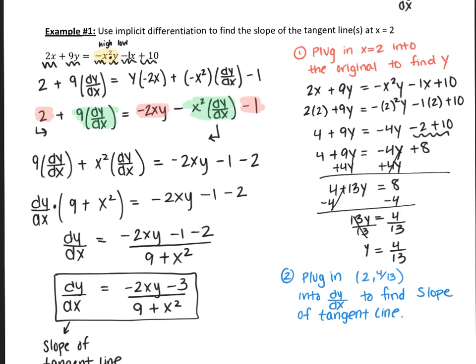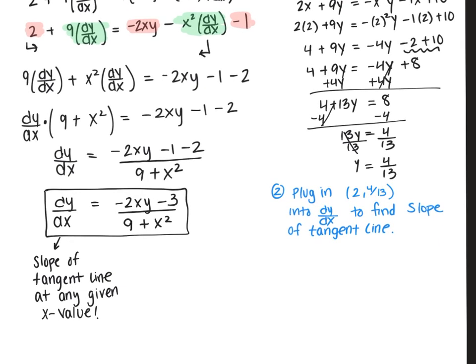Okay, so we have dy/dx equals, now I'm just reading from here, negative 2xy. So negative 2, x is 2, y is 4 over 13, minus 3, all over 9 plus 2 squared.